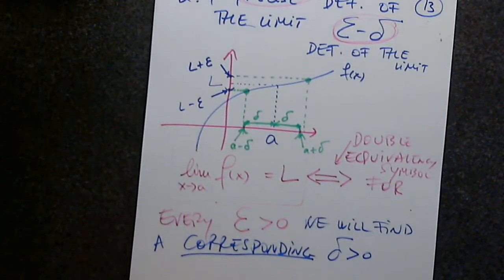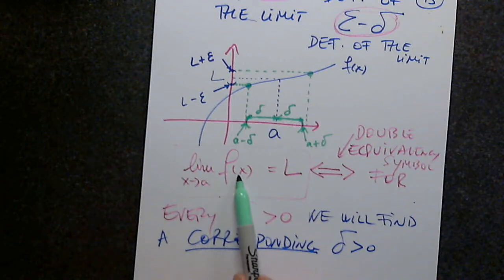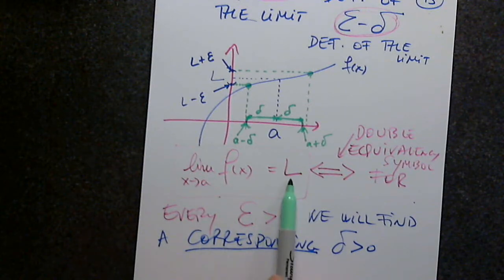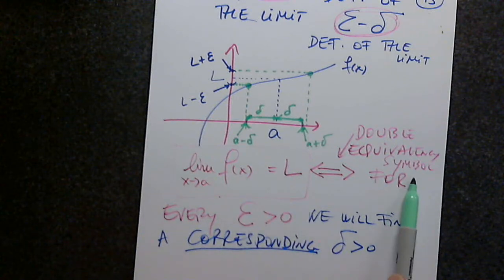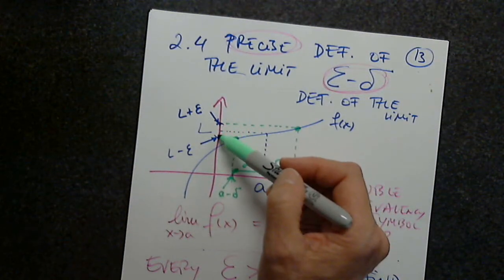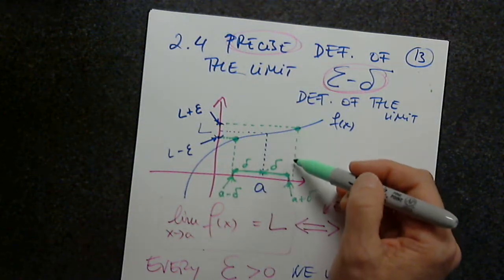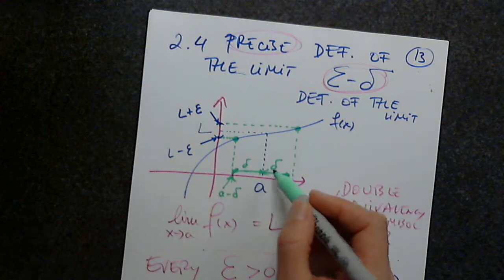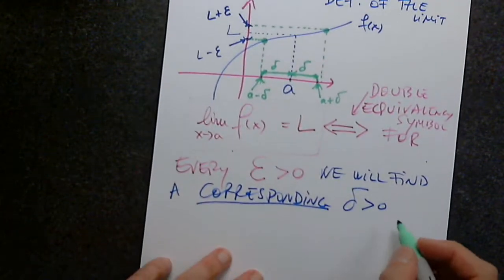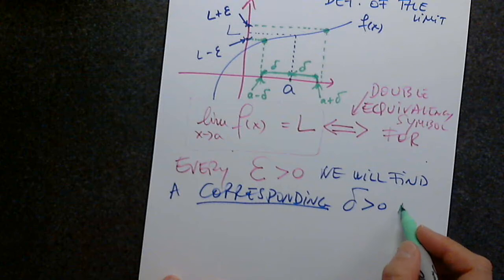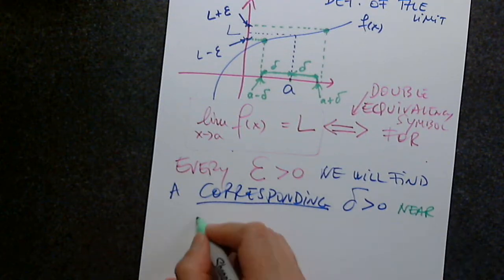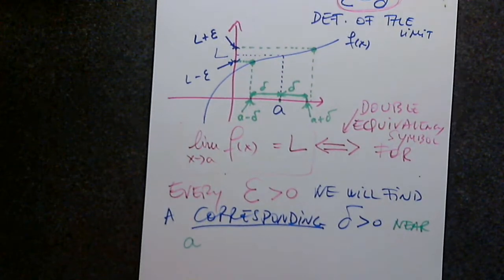Okay, we start from scratch again. If the limit of f of x as x approaches a exists as a number L, it automatically means that for every epsilon that I pick, small or big, whatever I want it to be, I will always be able to find a corresponding delta greater than 0 near A, such that.